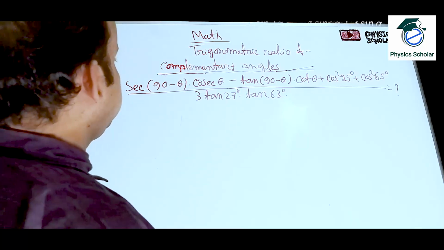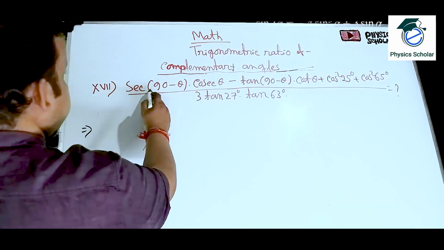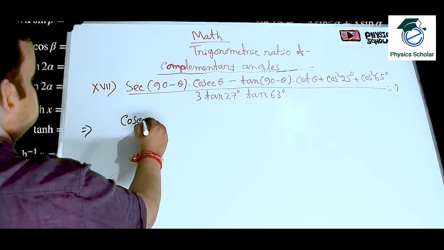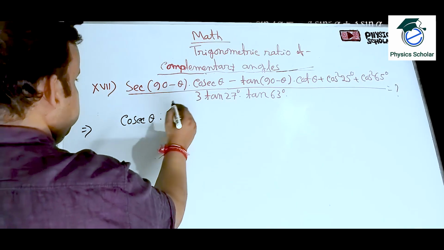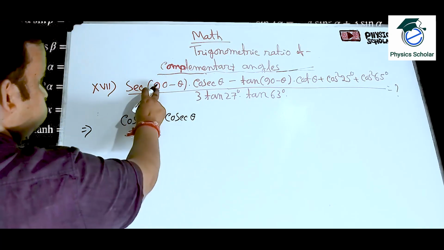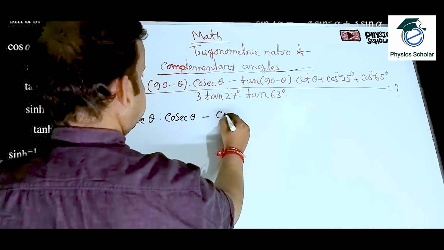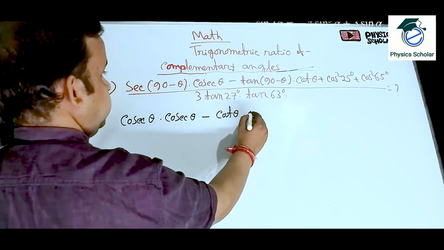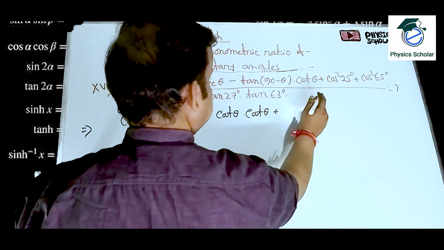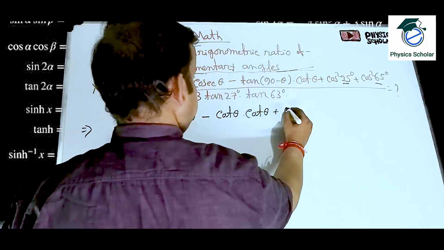Now let us move to the sum number 17. So what is given? Sec 90 minus theta means cosec theta, into cosec theta, minus tan 90 minus theta means cot theta into cot theta is given, plus these two angles are complementary.